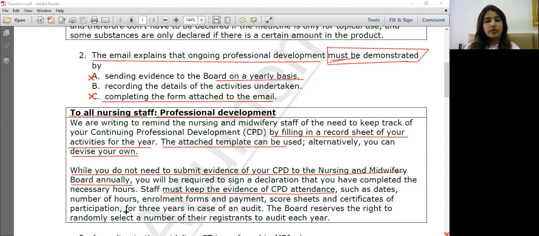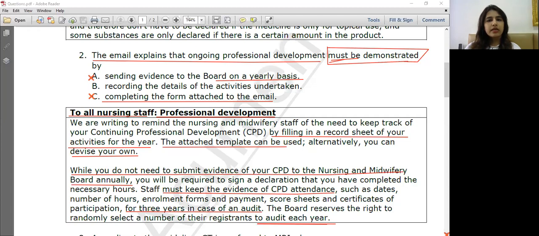And for 3 years in case of an audit. So you need to keep those documents with you for the next 3 years. And it could be that the audit is in fact conducted each year. So submission is not done each year, but the audit is done each year. So can I say here B is the correct answer?